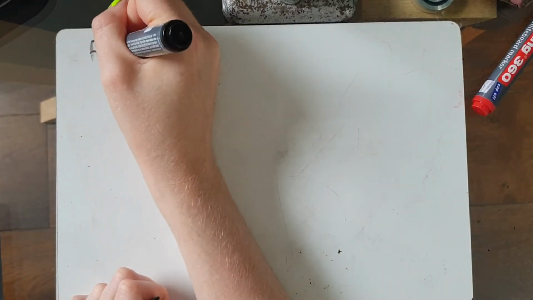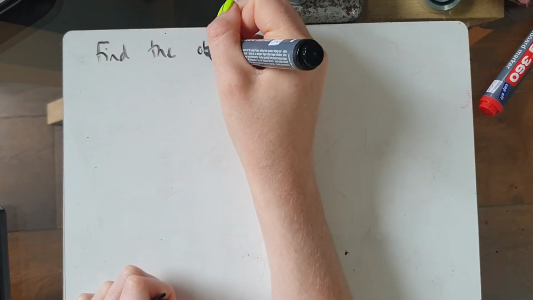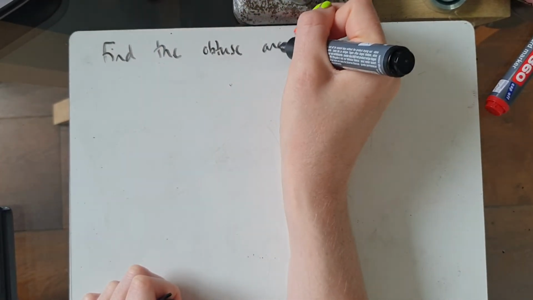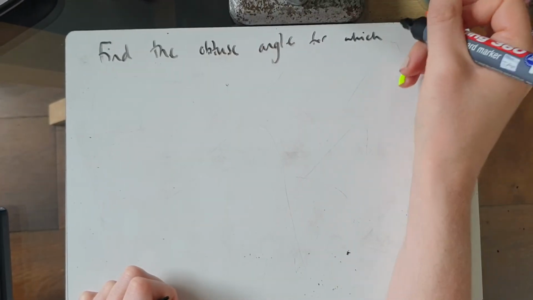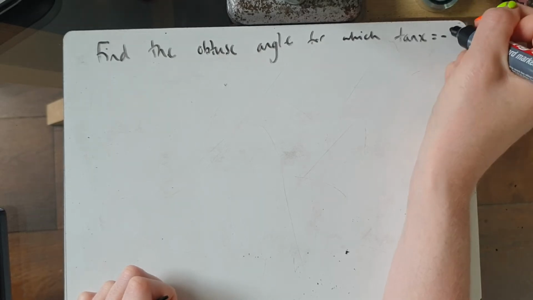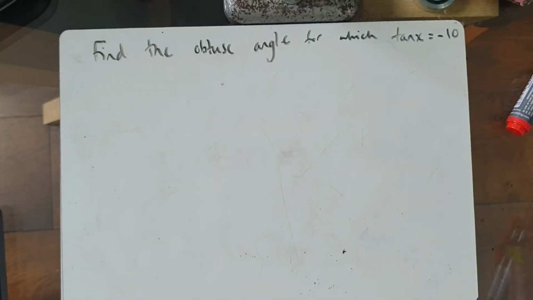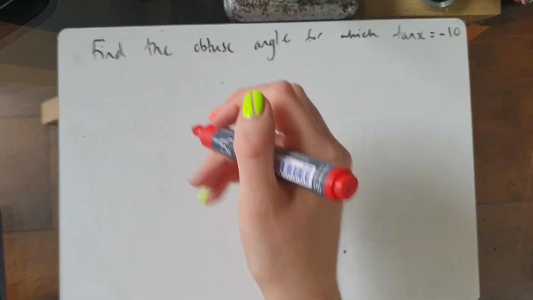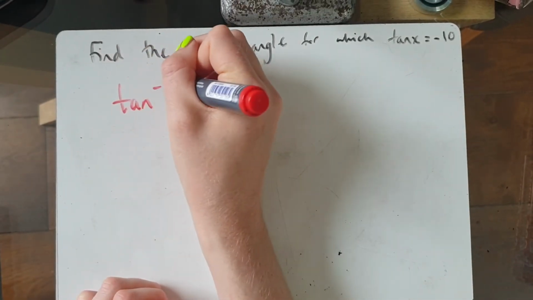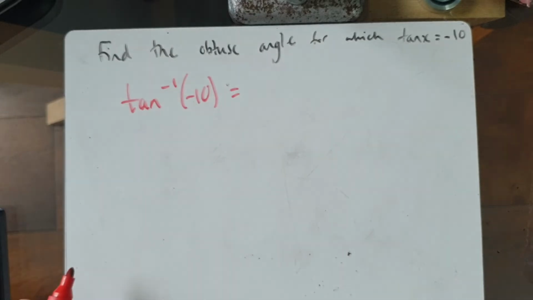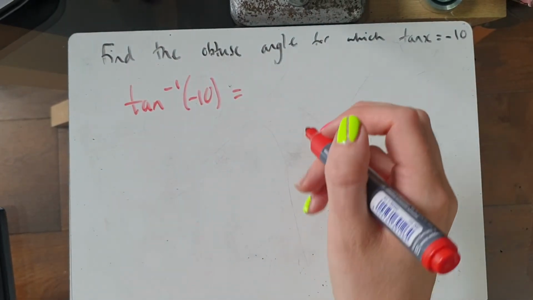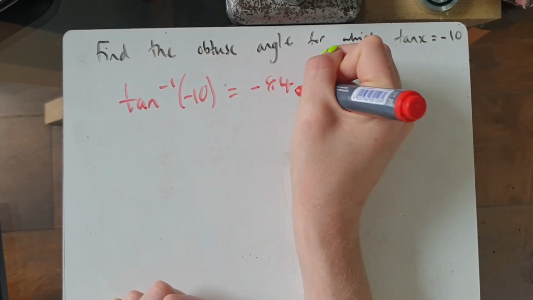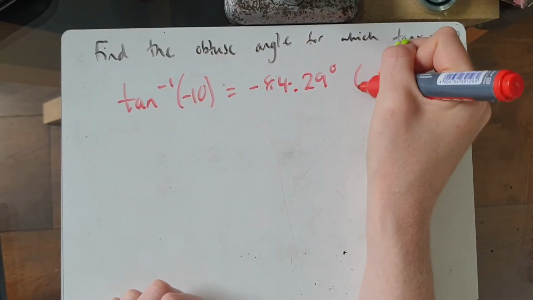So for our example question, find the obtuse angle for which tan x equals negative 10. So, same method, tan inverse of negative 10. We're going to put that in our calculators, check what we get, and we will get negative 84.29 to 2 decimal places.